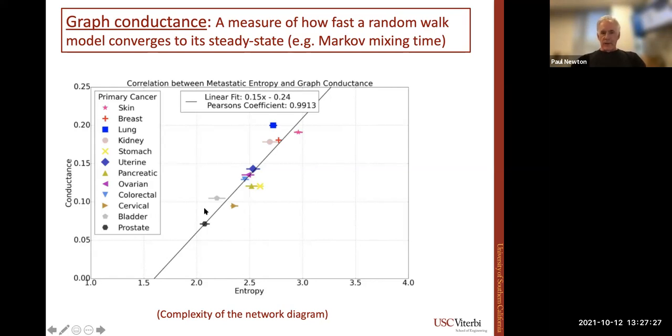So these are very, very closely linearly correlated. The higher the entropy, the longer the model takes to converge to its steady state, which gives you an idea of the complexity of the Markov diagram.